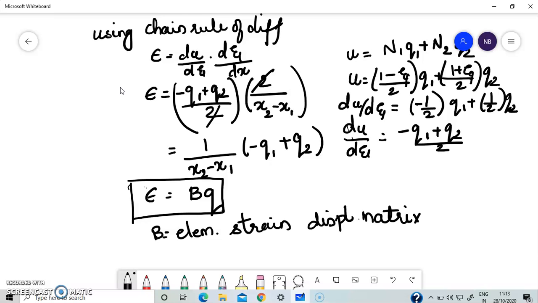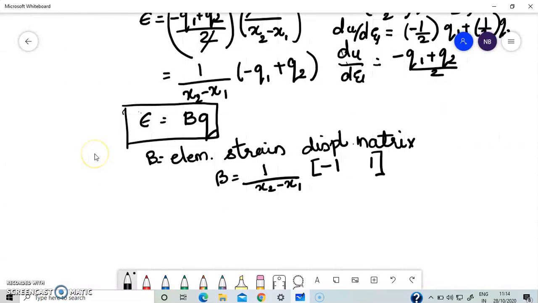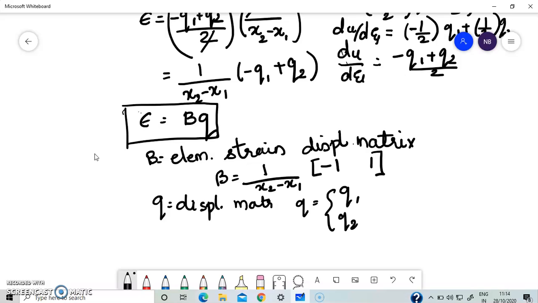Which can be written as 1 upon (x2 - x1) into [-1 +1], and q is the displacement vector, which is given by q1 and q2.